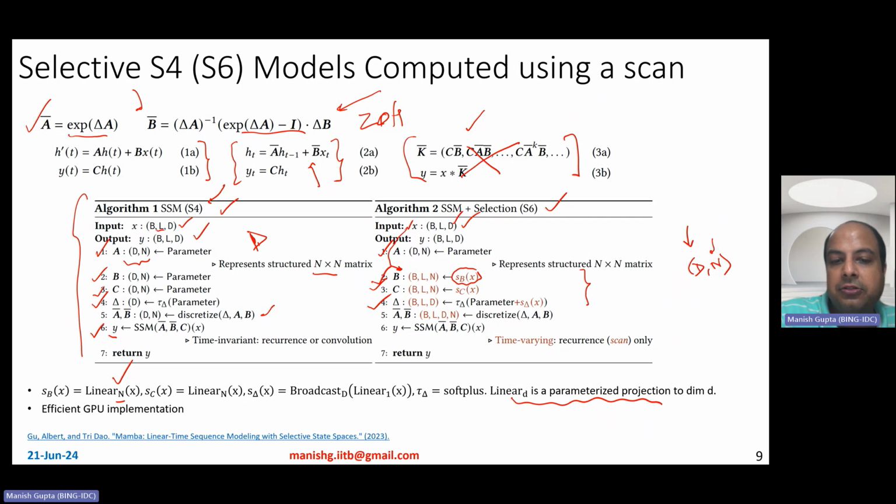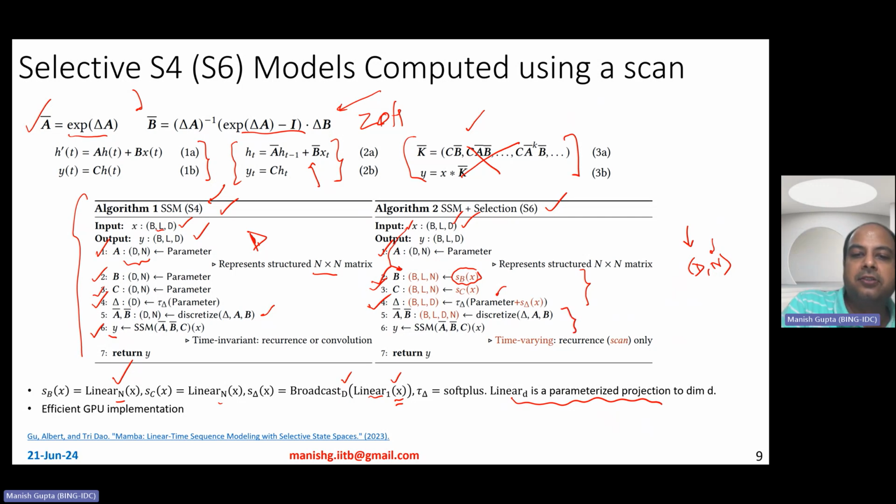But what you do is take this number, and just like you converted it to N here, you actually do a linear layer, get a single output, and then broadcast it to D. So you basically just use the same D things, and have a parameter per dimension, and that is what gives you the overall delta, so delta which is dependent on the input. Okay. So that's that.